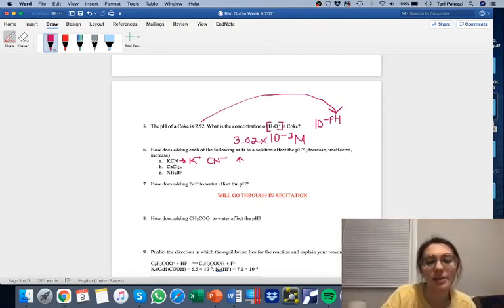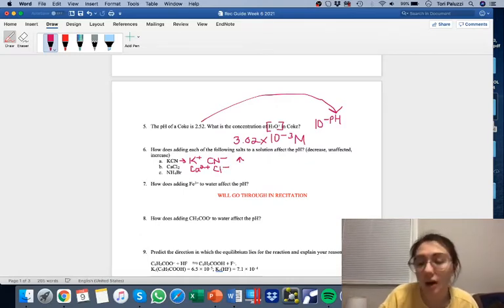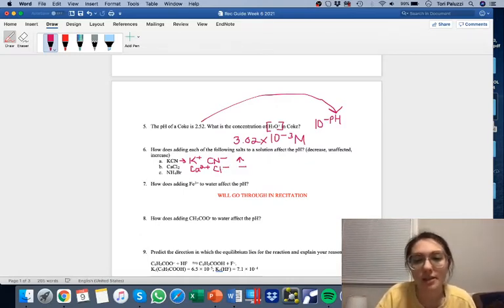Now CaCl2, Ca2 plus actually came from a strong base, and then Cl minus came from a strong acid. So when you have a strong base and a strong acid, it means that you're really just creating water and salt. And so that means that things are going to be unaffected.